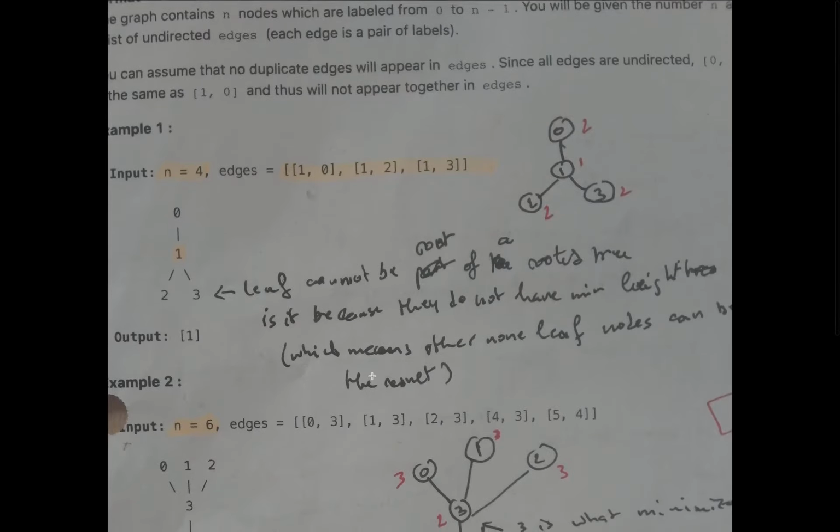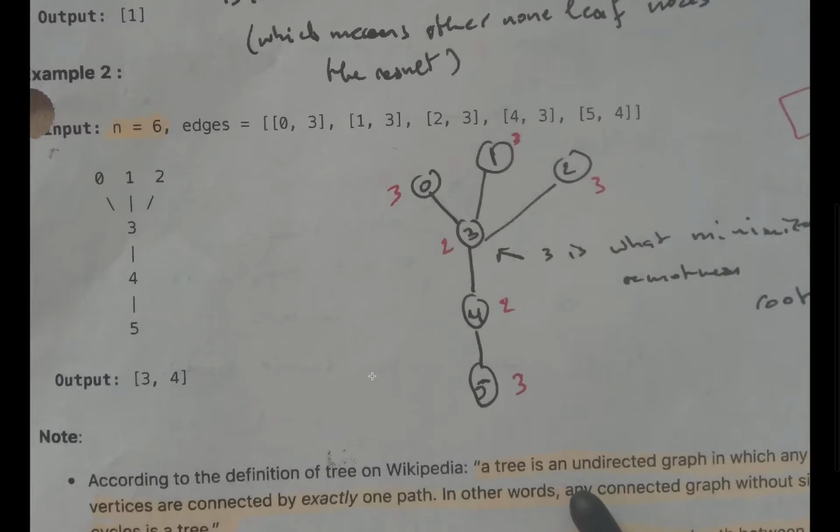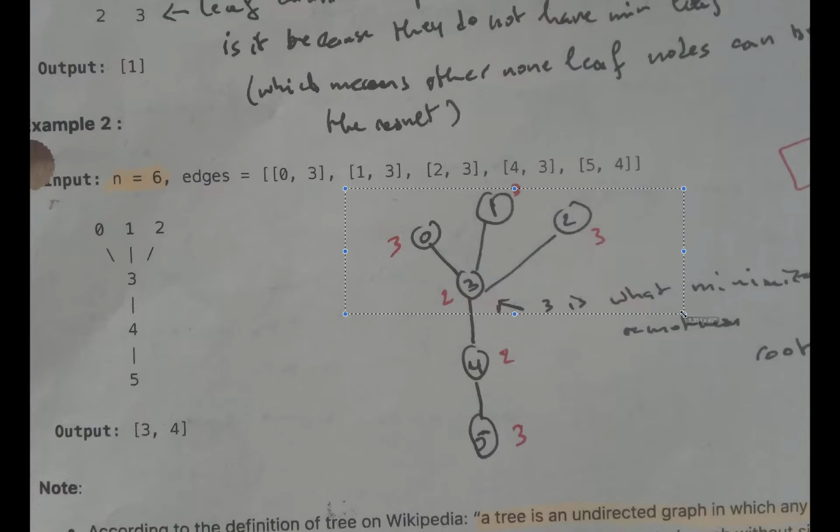Now if we take the second example, which is this tree here, the same as this one, I just annotated it with the remoteness values. You can see here that for 1, the remoteness is 3 because the furthest one is 5 and the distance here is 1, 2, 3.